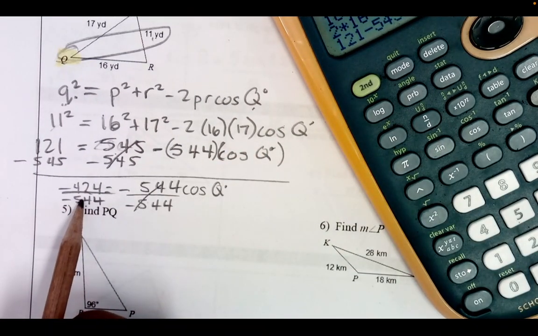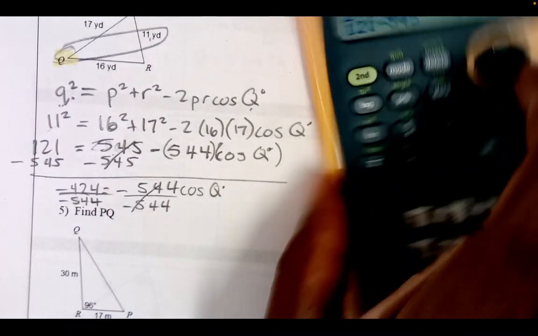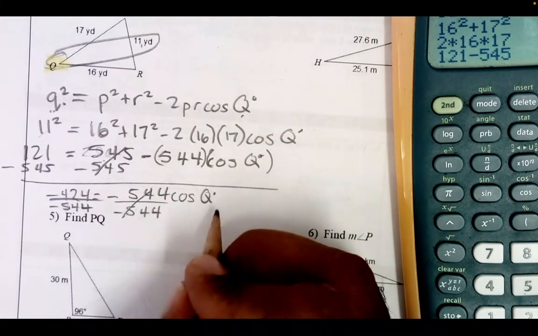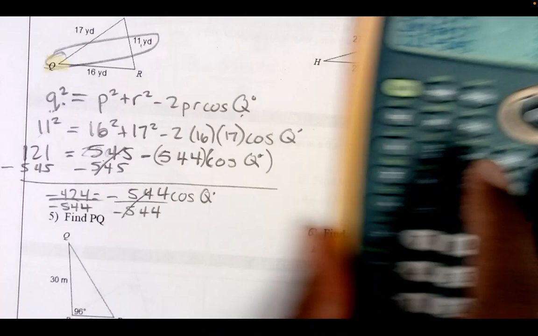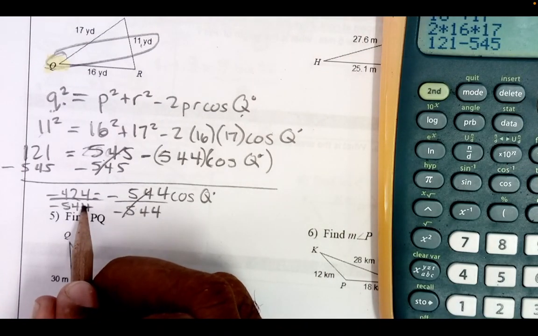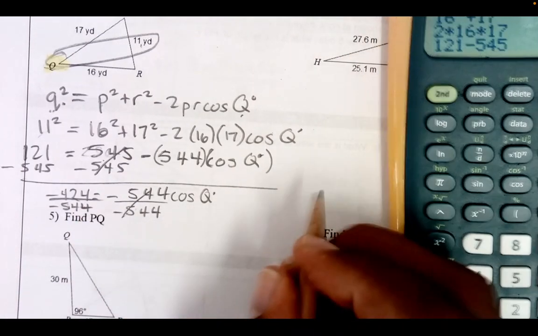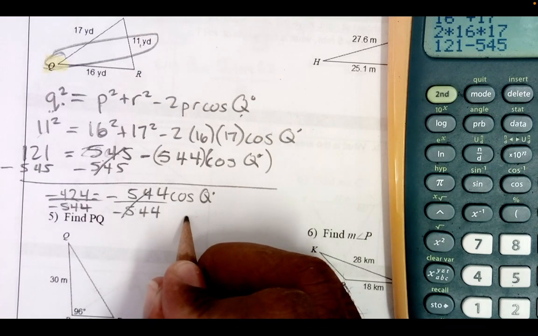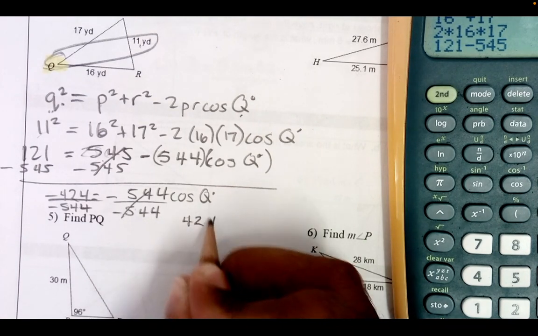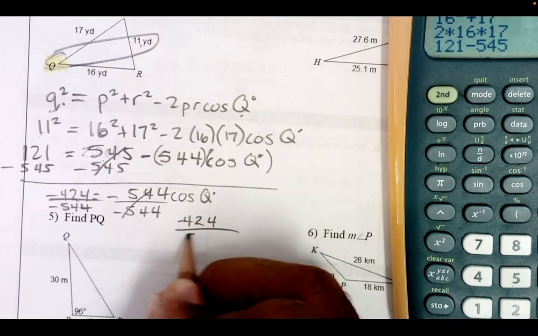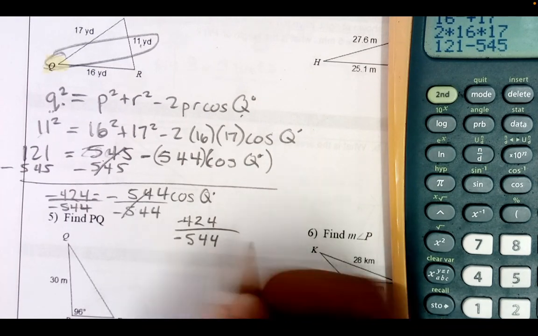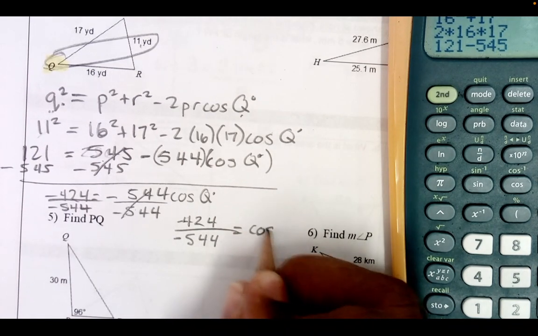If you end up with a negative, something's wrong. You shouldn't end up with a positive on this step. Okay? All right, so now I'm going to keep that as is, so I'm not going to change it. So the next would look like 424 over 544 equals cosine of Q.